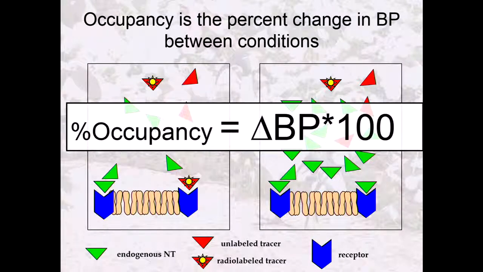And occupancy turns out to be the percent change in this fabulously useful but possibly dangerous binding potential index.